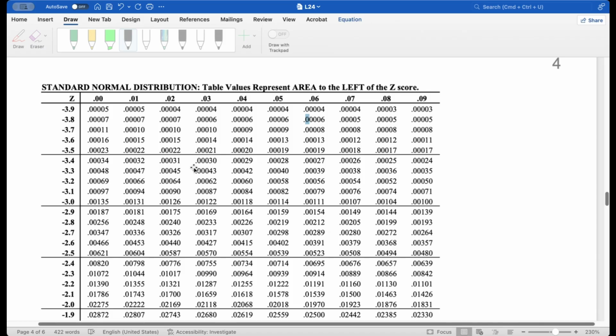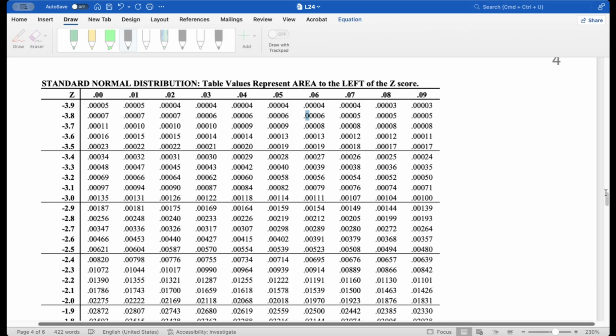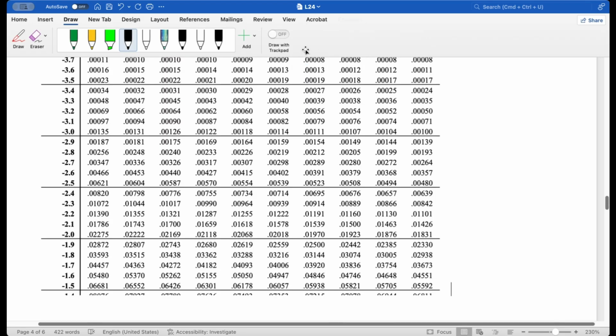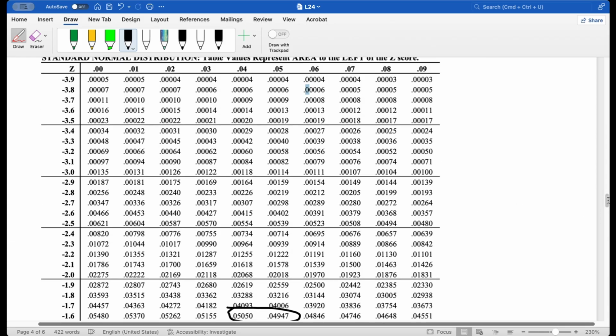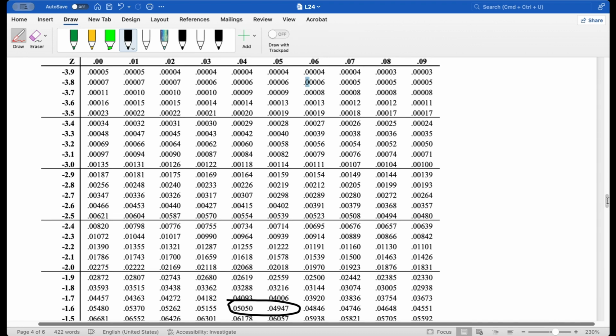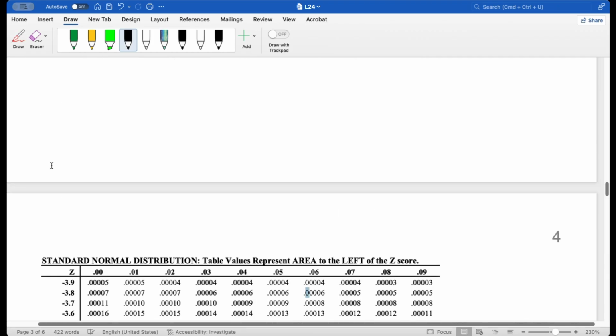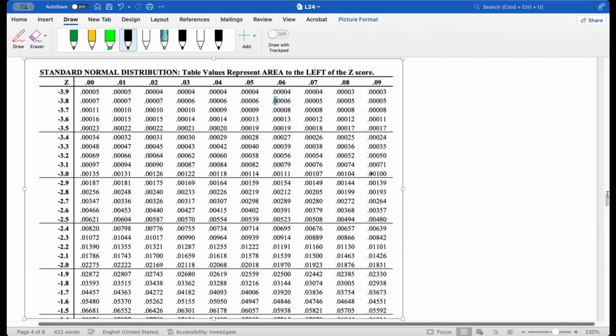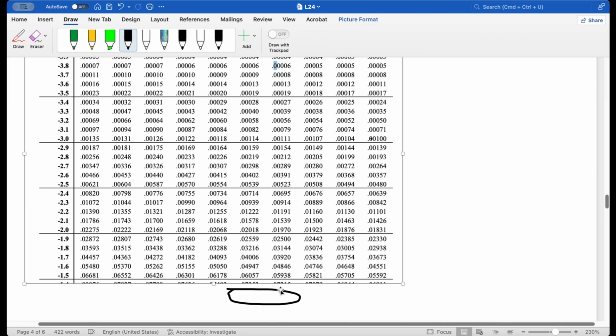We're going to look for 0.05. And it's really close here. We have a 0.0505. We have a 0.04947. It's really close to negative 1.64. Sorry, let me just make this a little bit smaller so we can see everything on the same screen.